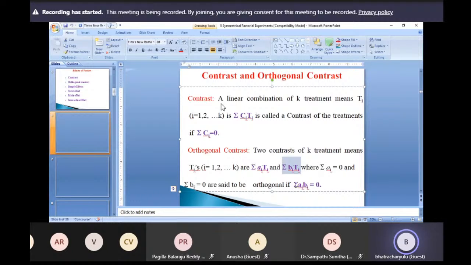Those two are independent if this value is 0. Like that, to check whether they are independent or not, you use the orthogonal contrast.